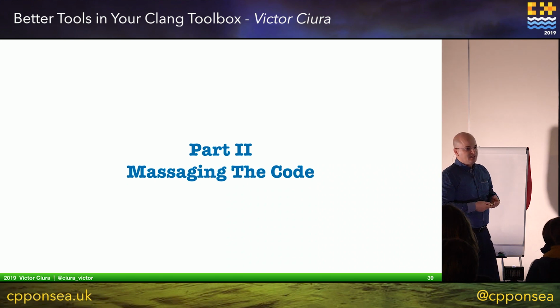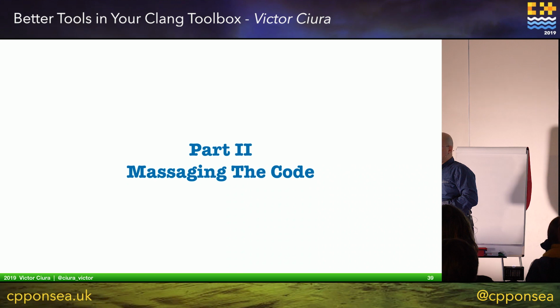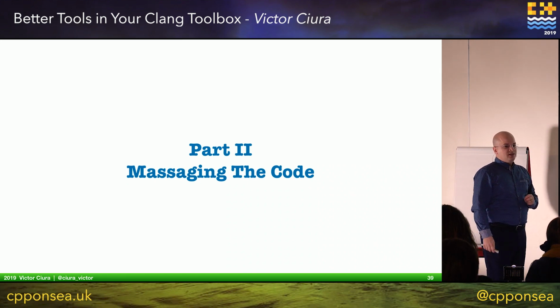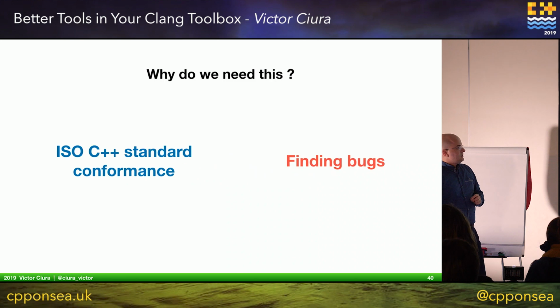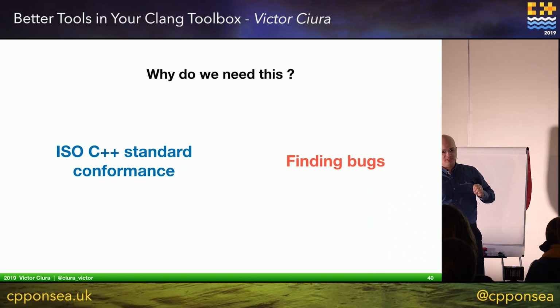Also, in the process, what we've learned on doing this ourselves is that we've uncovered a ton of bugs and issues while trying to fix compilation and get rid of Clang warnings. Warnings are there for a reason. So of course you're striving for C++ standard conformance.